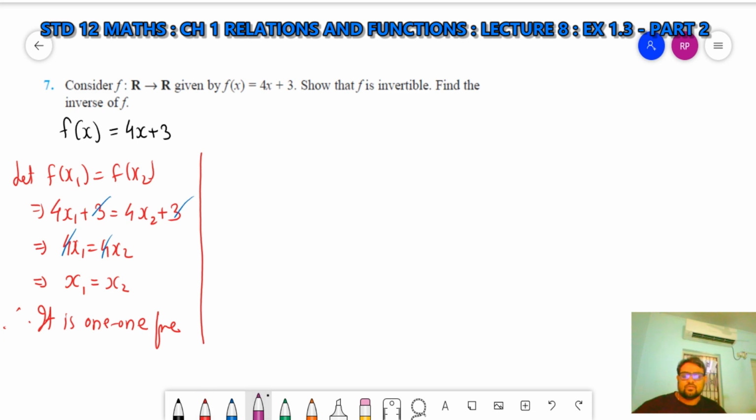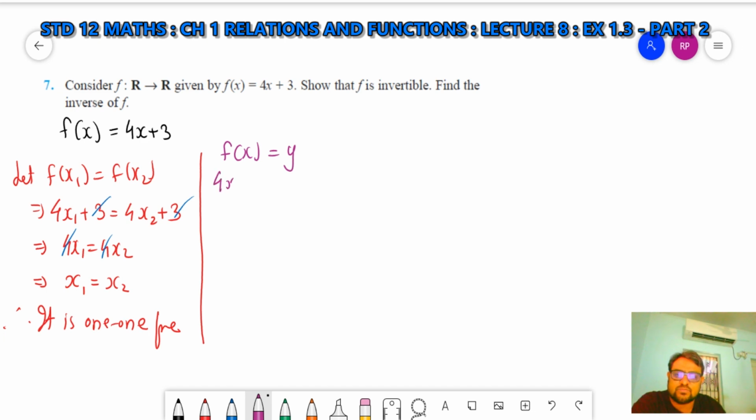Now let's prove that it is an onto function. It's clearly given to show f is invertible and find the inverse, that means definitely it must be onto. So for that, we will take f(x) = y.